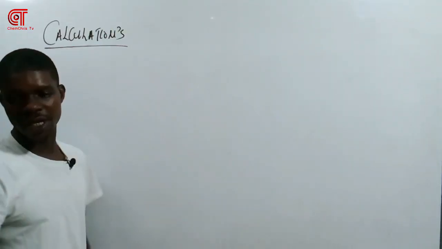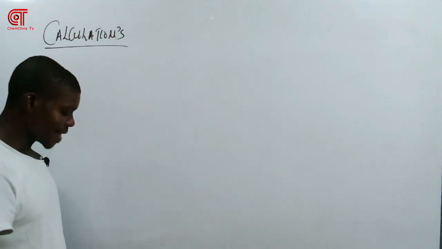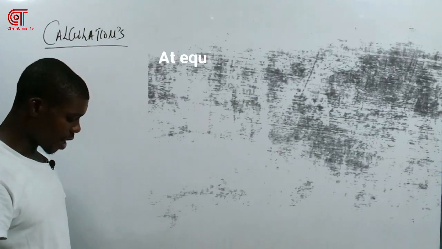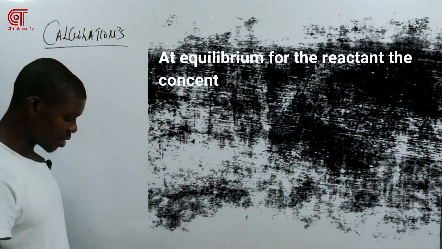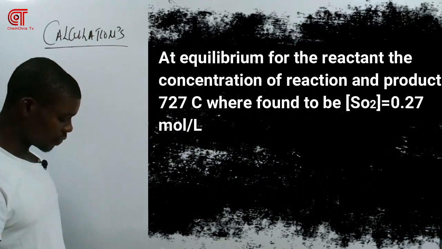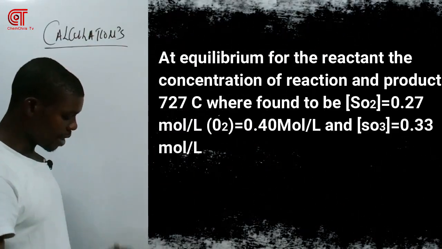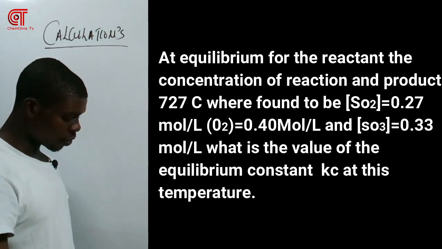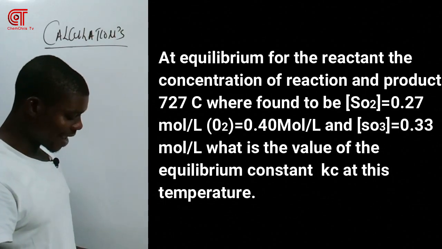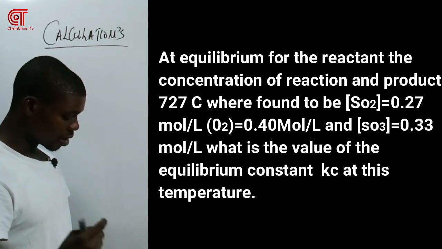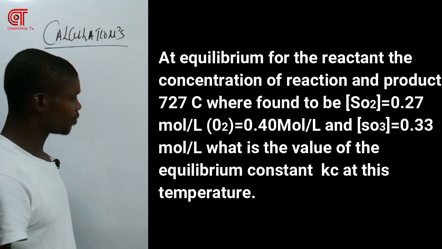So we'll take question 1 to display on the screen. At equilibrium for the reaction, the concentrations of the reactants and products at 727 degrees centigrade were found to be: SO2 is 0.27 mole per liter, O2 equals 0.40 mole per liter, and SO3 equals 0.33 mole per liter. What is the value of the equilibrium constant Kc at this temperature?